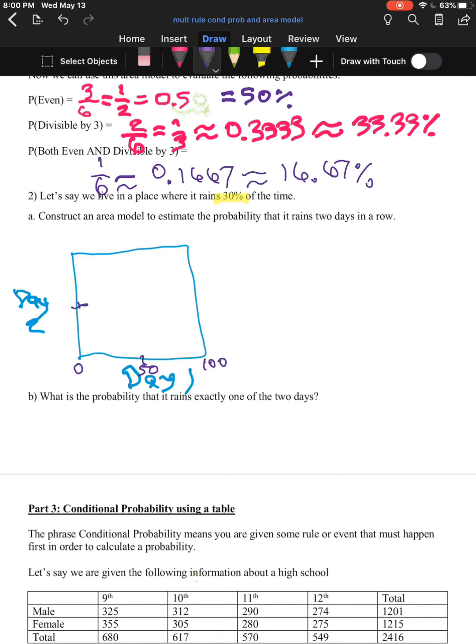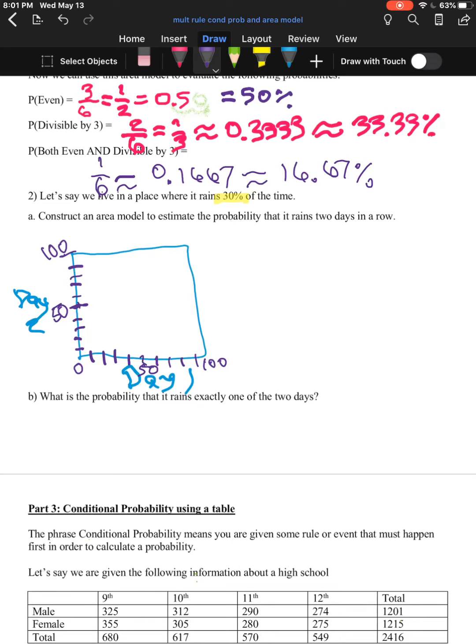And on the other side, you have a 50 and you have 100. You can mark off units of 10, so that each tick mark is worth 10%. If it's taking you longer to do this, you may pause the video here and catch up.